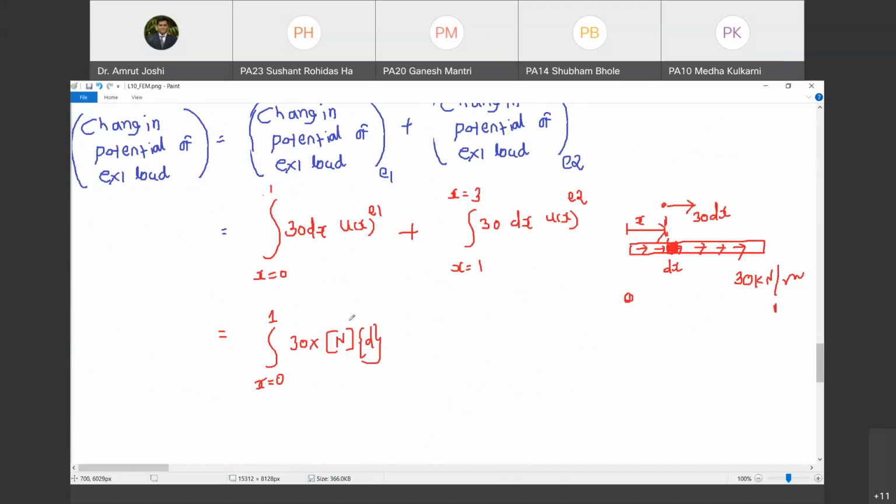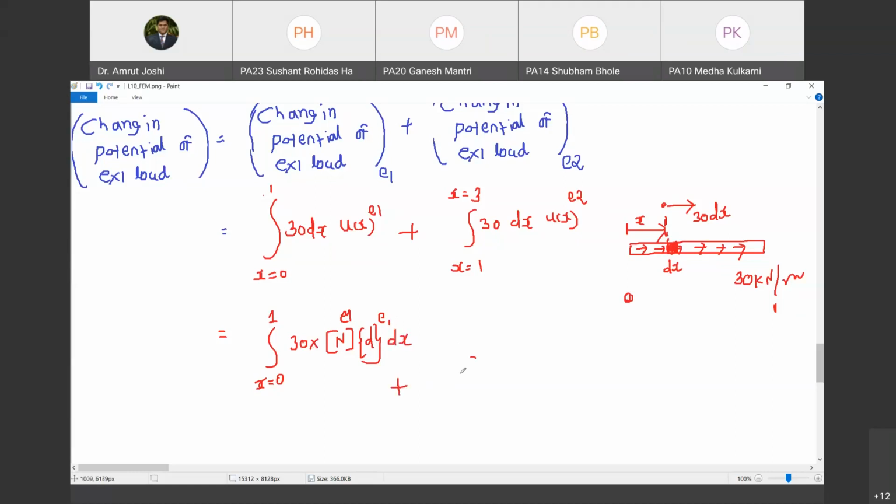Of course, this N is the matrix of shape functions for element number 1, so I write it as e1, into dx.